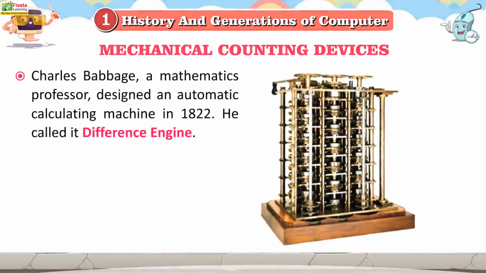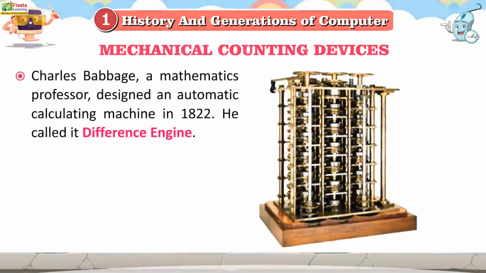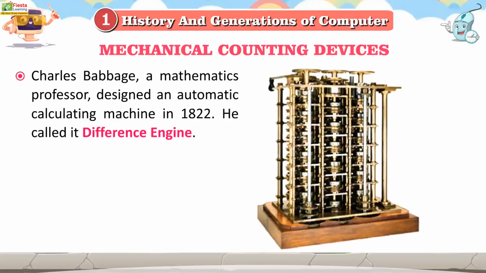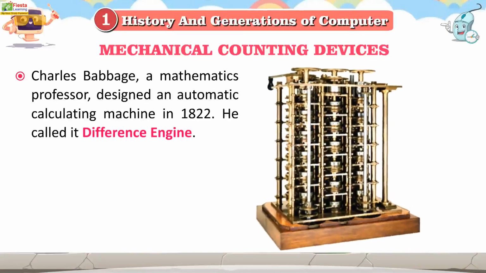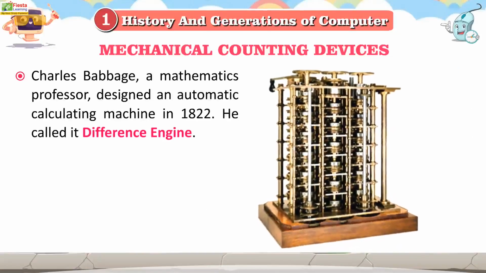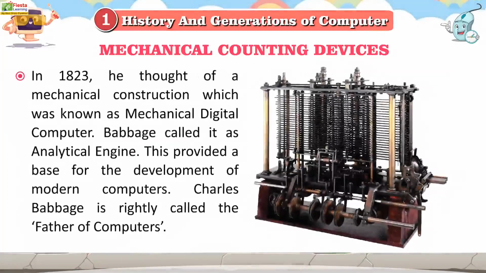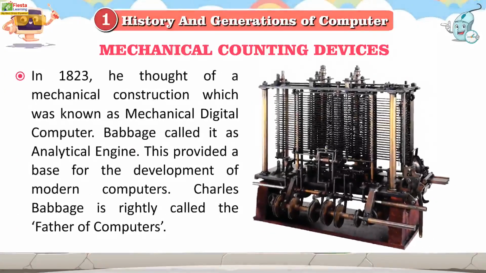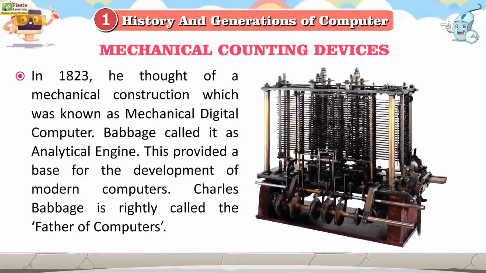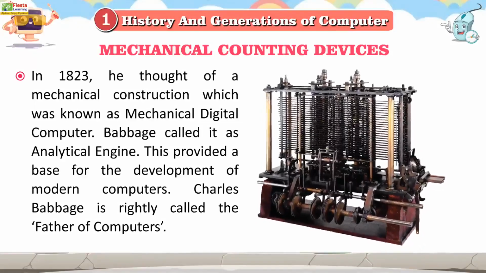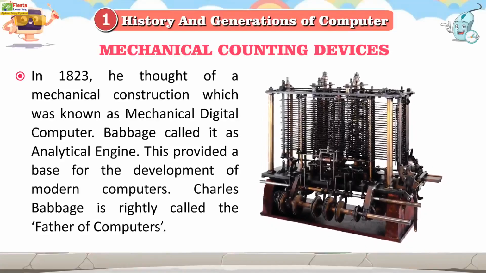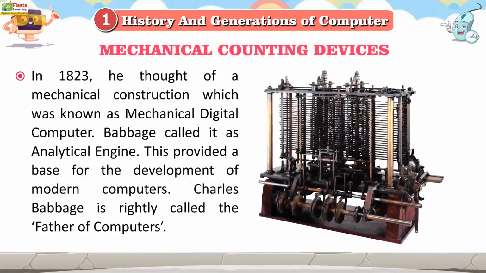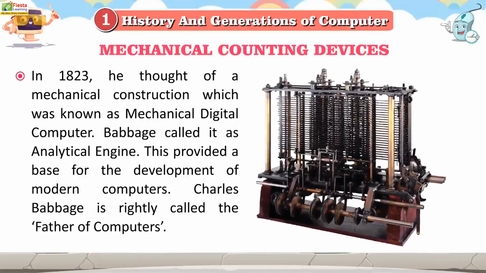Charles Babbage, a mathematics professor, designed an automatic calculating machine in 1822. He called it difference engine. In 1823, he thought of a mechanical construction which was known as mechanical digital computer. Babbage called it the analytical engine.